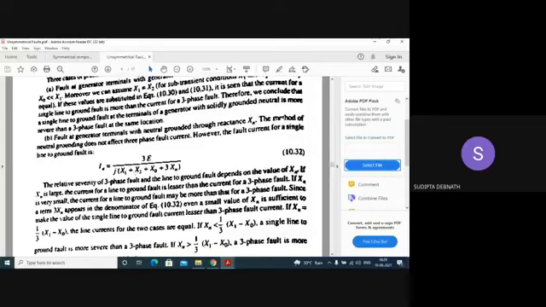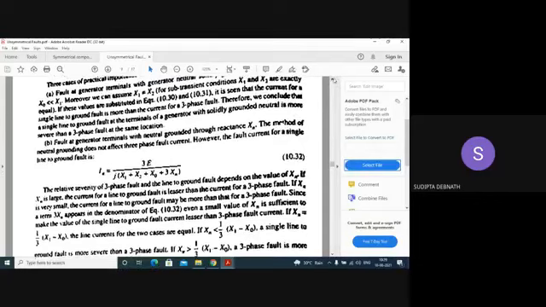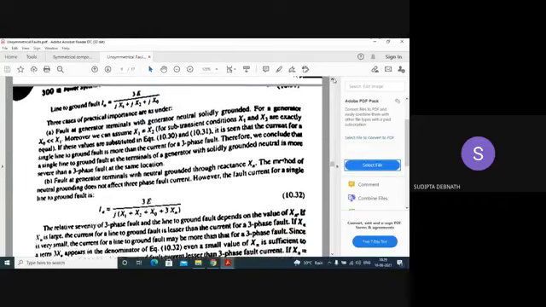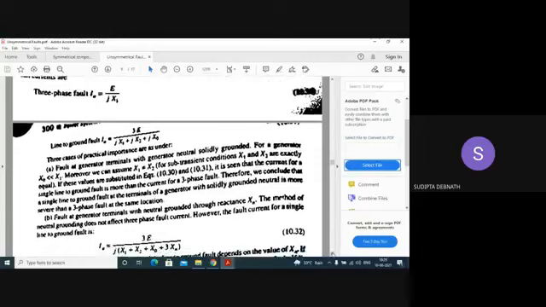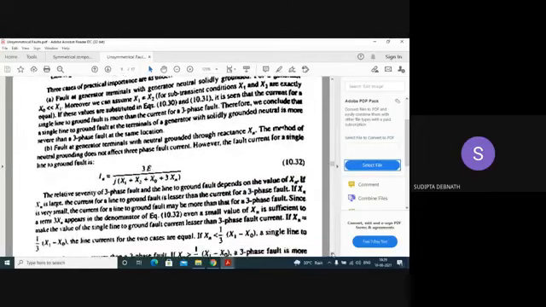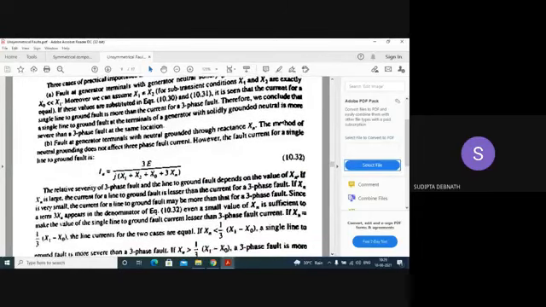So twice X1 plus X2, and for a generator X2 equals X1, so thrice X1. So 3 will cancel, and Ia will be equal to E by X1. Under this condition, the three-phase fault current and the single line to ground fault current will be equal. So when XN equals this value, these two currents will be equal. They will be equally severe.